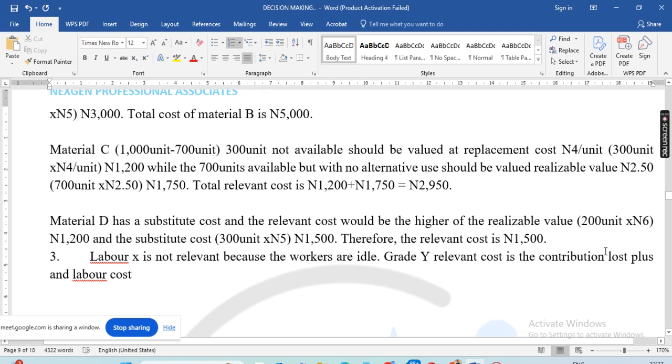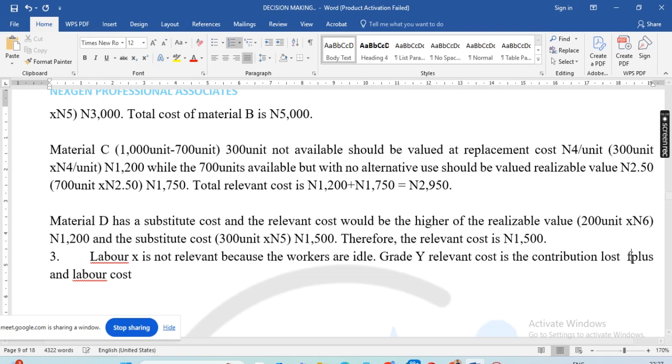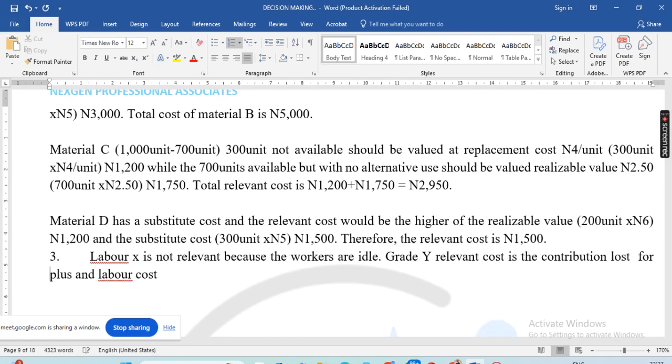Let me put it this way: contribution loss for moving Afolorunsho, so that we still understand. Moving the workers to the project.